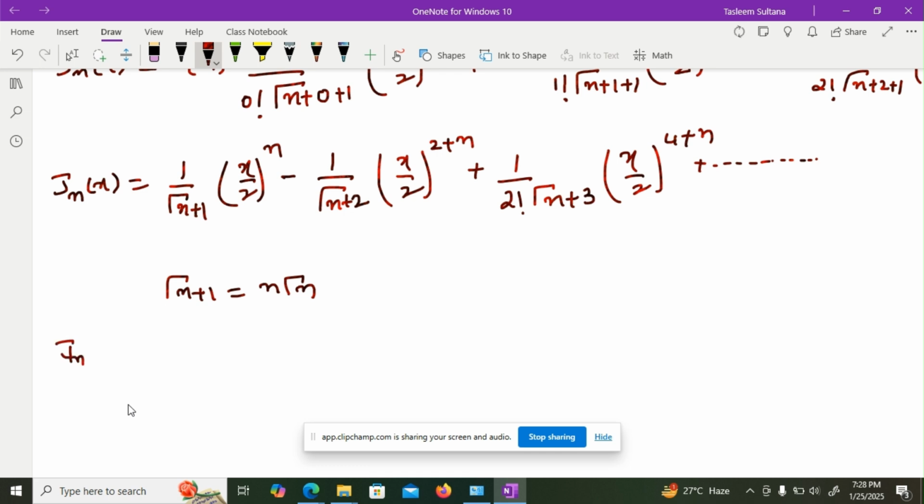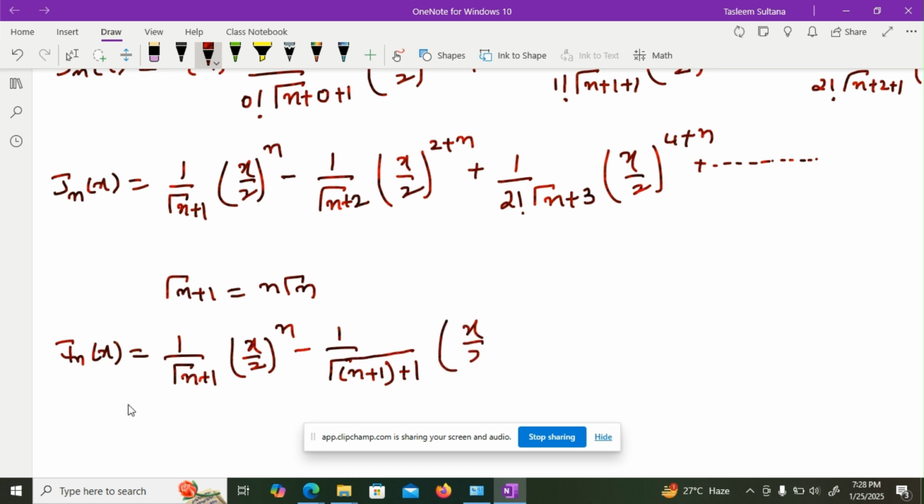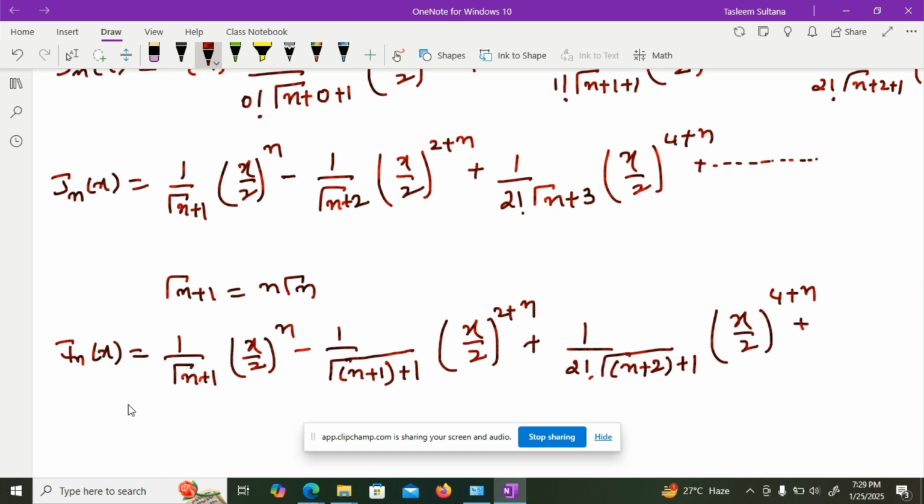So J n of x is equal to 1 divided by gamma of n plus 1 of x by 2 to the power of n, then minus 1 divided by gamma of n plus 1 plus 1 of x by 2 to the power of 2 plus n, then plus 1 divided by 2 factorial gamma of n plus 2 plus 1 of x by 2 to the power of 4 plus n plus so on.